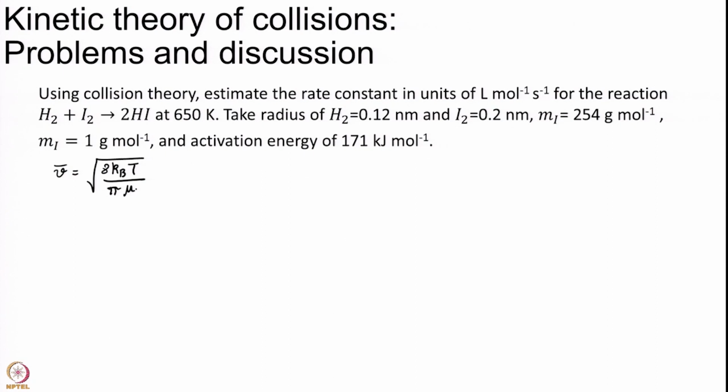So, first I have to find mu. Mu, remember, is defined to be the reduced mass. So, this is m of H2 into m of I2 divided by m of H2 plus m of I2. You can actually go ahead and solve this, but I will be a bit smarter.